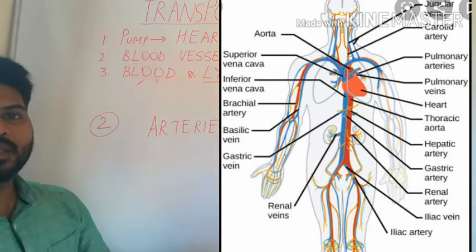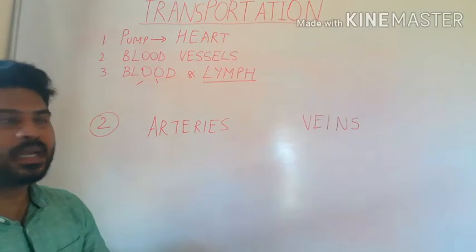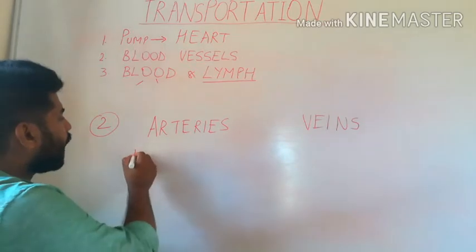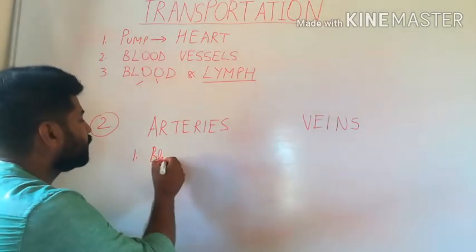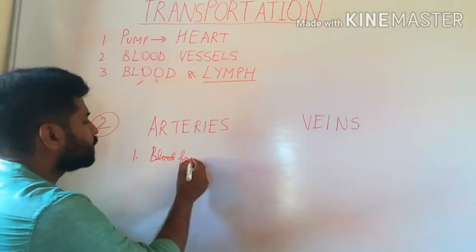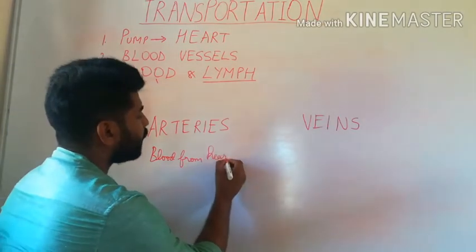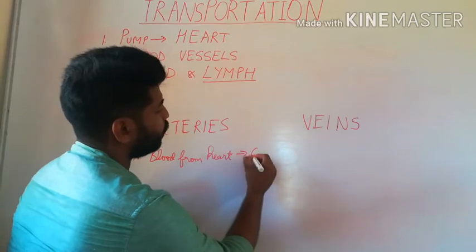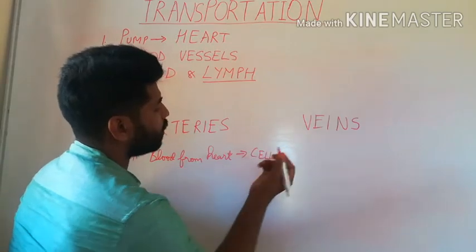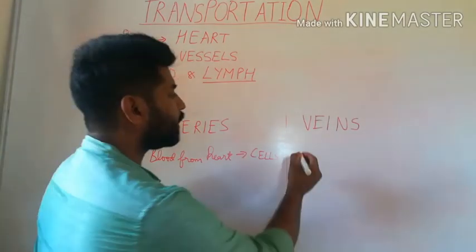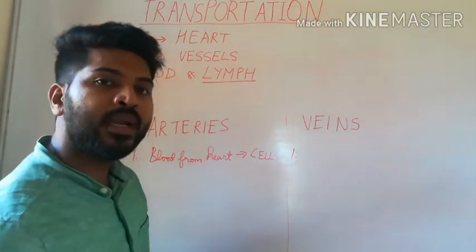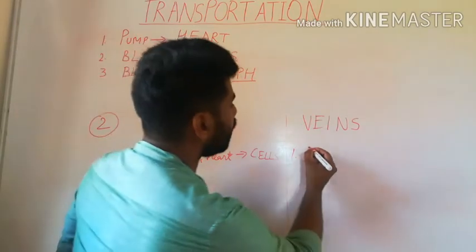Let us look at the differences between arteries and veins. Arteries are specialized blood vessels which transport blood from the heart to different parts of the body. You can say cells, organs, body, etc. Veins are the blood vessels that carry blood from different parts of the body to the heart.